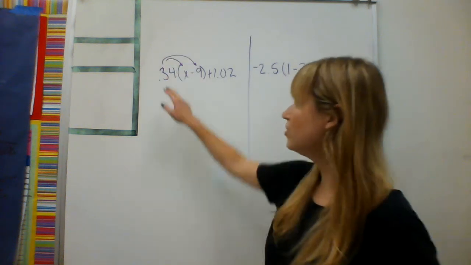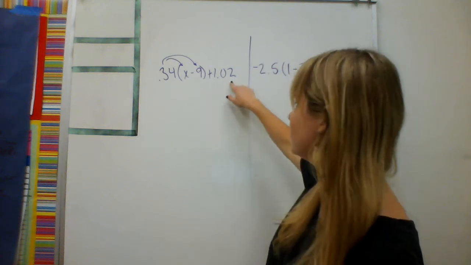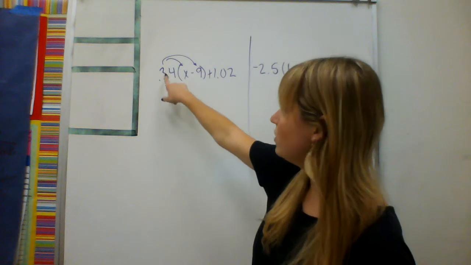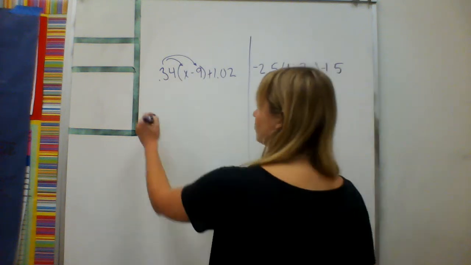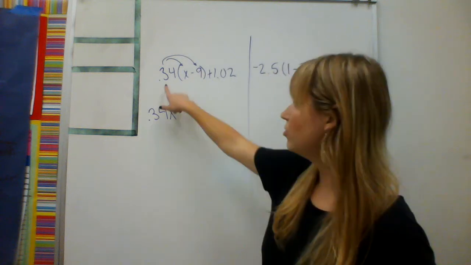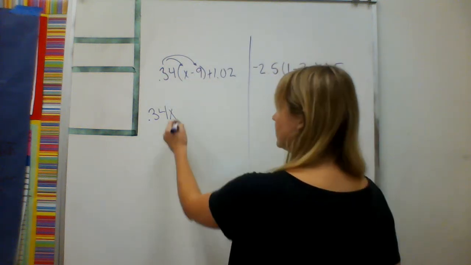Again, I'm only distributing to the terms inside my parentheses, so I'm going to leave this decimal 1.02 alone for now. So 0.34 times x is just 0.34x. 0.34 times negative 9, a positive times a negative is a negative.